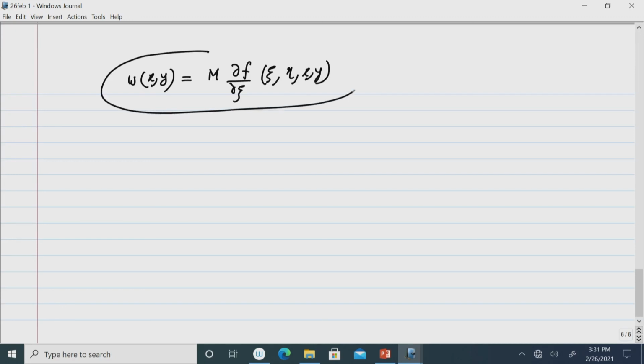So, for the concentrated couple this is the expression for the deflection, where M is the couple that is acting at a certain location xi and eta, and x, y are the location where we want the deflection, and the total function.